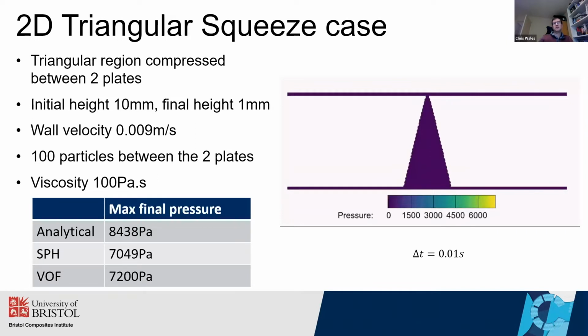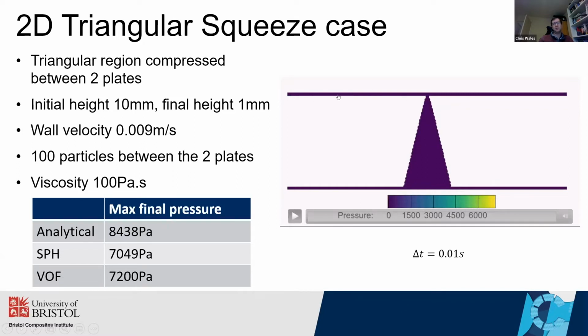So as I hinted at before, most of the cases we're looking at aren't actually being driven by gravity. They're being driven by effectively the pressure difference across the vacuum bag. So to validate this for a 2D case, we have a triangular region of resin.